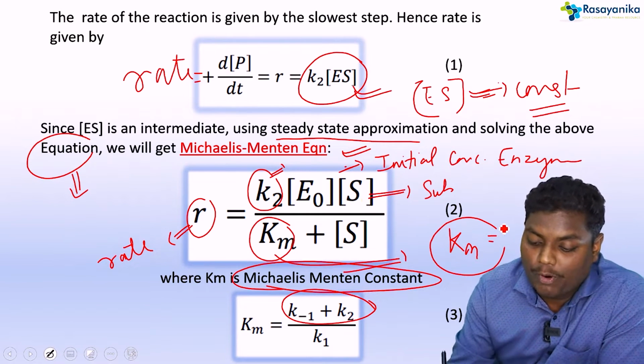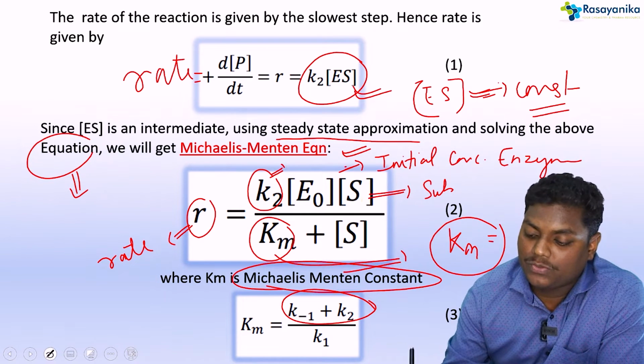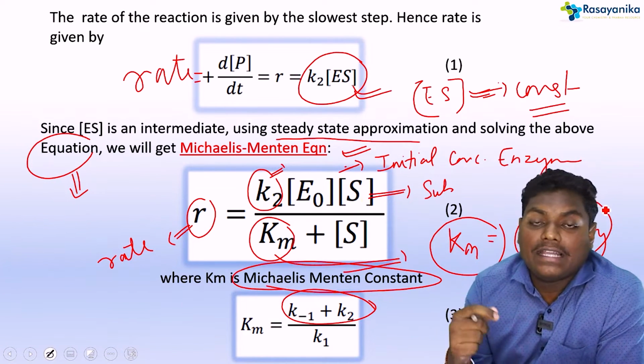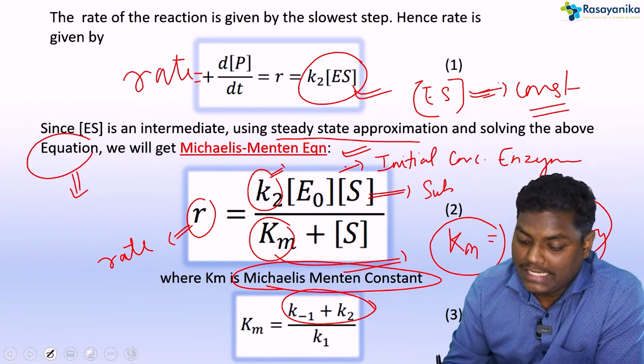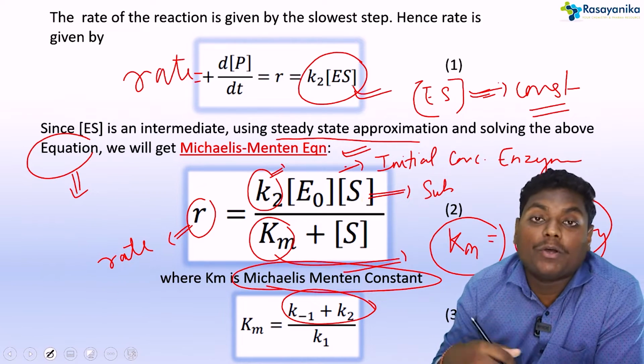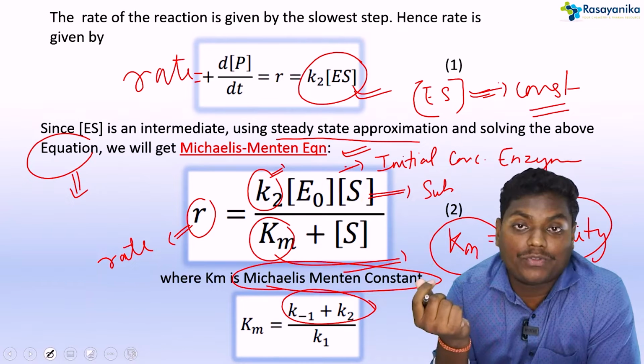Now, what is the importance of Km? Km shows the affinity. The physical significance of Km is that it shows the affinity of the enzyme to the substrate. The lesser the value of Km, the more affinity the enzyme has towards the substrate.